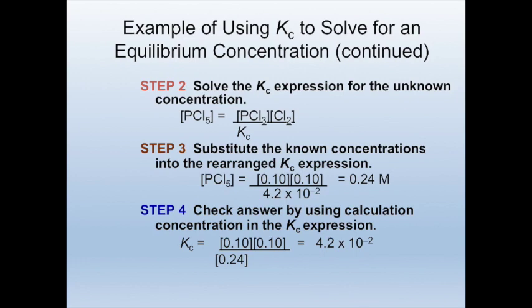And we can check this answer by then calculating our equilibrium constant using that concentration in the denominator. 0.1 times 0.1 divided by 0.24 is equal to 4.2 times 10 to the minus 2, which is the equilibrium constant that we were given at the start.